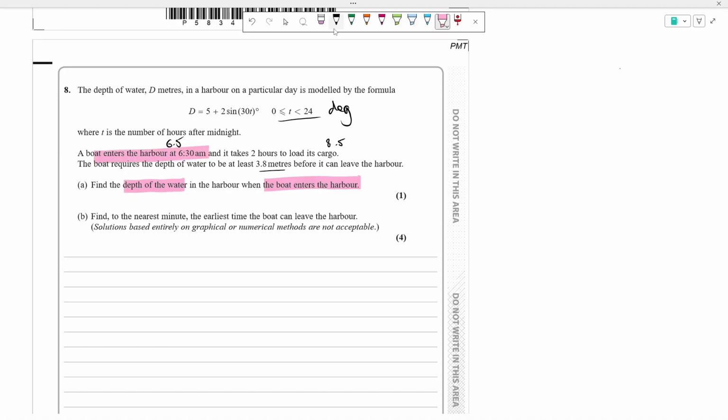So it enters the harbour at 6.5, t equals 6.5, and we're just going to substitute that into our calculator. D is equal to 5 plus 2 sine 30 times 6.5.